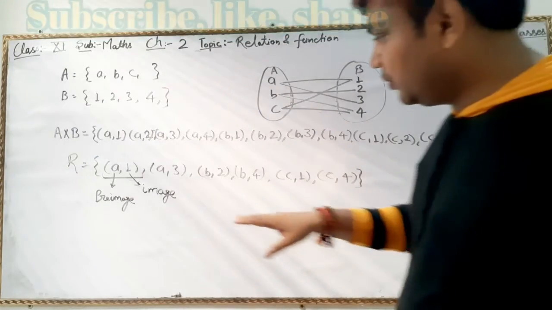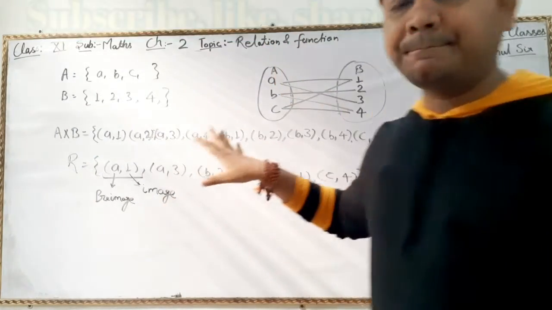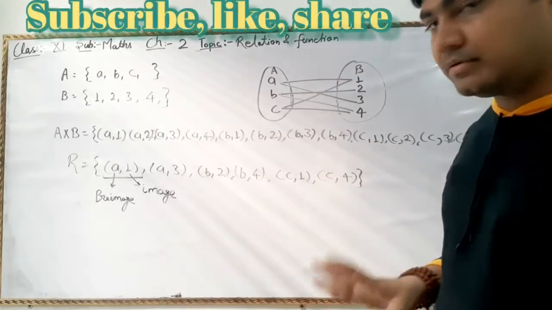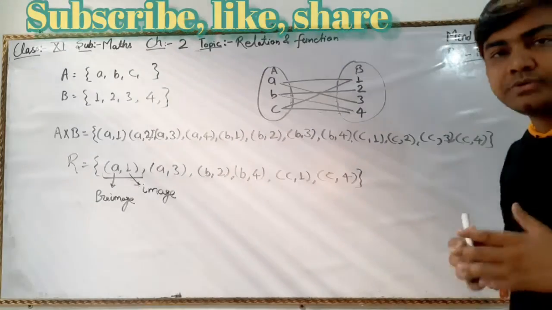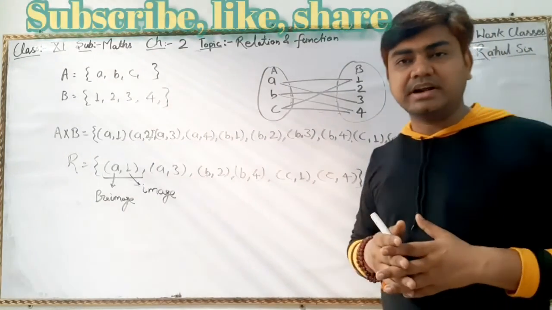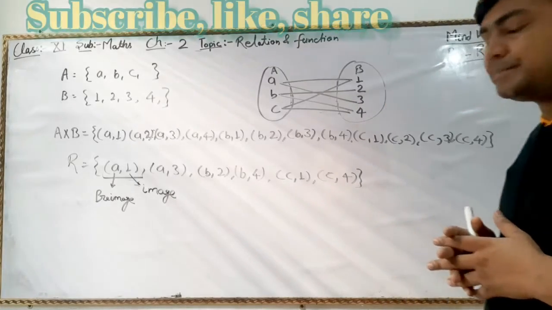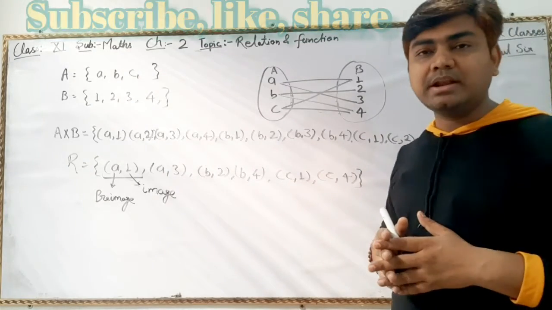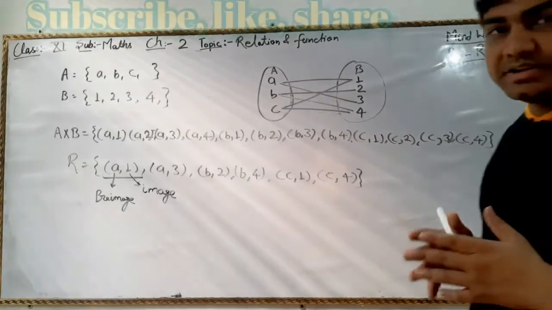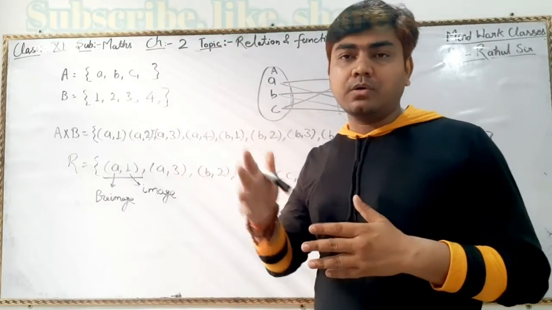Now we have already understood the relation. There are a few definitions here that we have to understand. The first one is domain, the second one is range, and the third one is codomain.